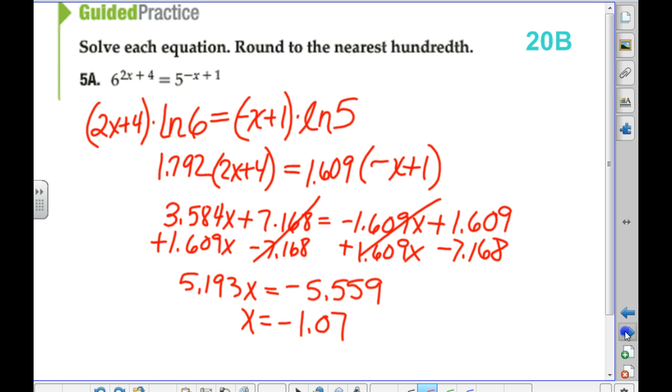Negative 1.07? I think that's what I got last period. Yeah, that's what I heard. There's like 2 of those on the homework. There's nothing nice about them, but honestly, you're in pre-calc. I hope you can deal with decimals in an algebra equation, because that's all it becomes.